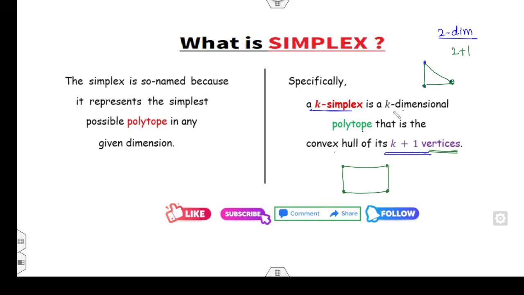So the k-simplex is a k-dimensional polytope that requires k+1 vertices. So this is the simple idea about the simplex.